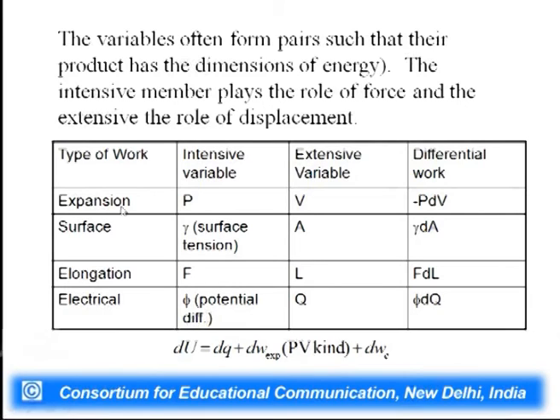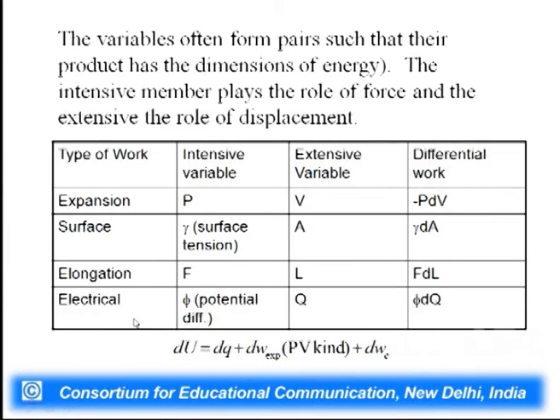So, for the expansion kind, the intensive variable is pressure, the extensive variable is volume, so your work done is dW equals minus PdV. For the surface kind of work, the intensive variable is surface tension gamma, the extensive variable is area A, and gamma dA will be the surface work. For elongation, suppose you have a string and you are elongating it, force is the intensive variable, the extensive variable is length, and F dL will give you differential work.